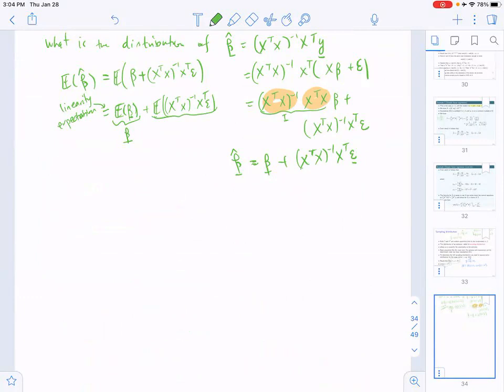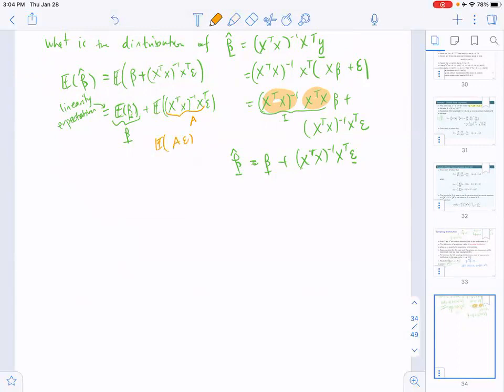I think you can pull the x, that whole x part out, right? Great. So this is a matrix. If you want, we call this A. We have the expectation of A times epsilon.